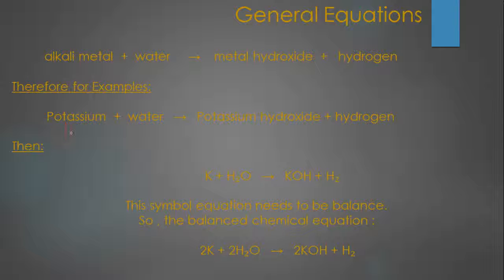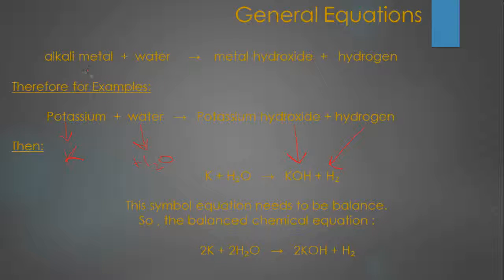The symbol of potassium is K, and water is H2O. K plus H2O becomes KOH, potassium hydroxide, and hydrogen.